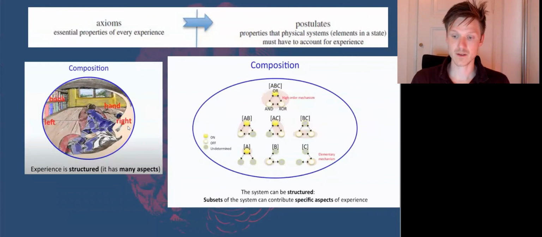The second axiom was composition, meaning that experience is structured around aspects, these individual aspects. Experience has many aspects. So IIT explains this as the physical postulate for this is that the system mediating consciousness must also have individual parts that it is made up of and constituting different aspects of experience.